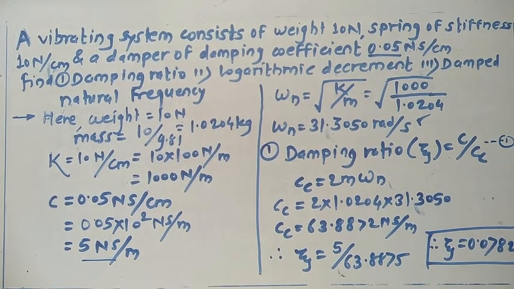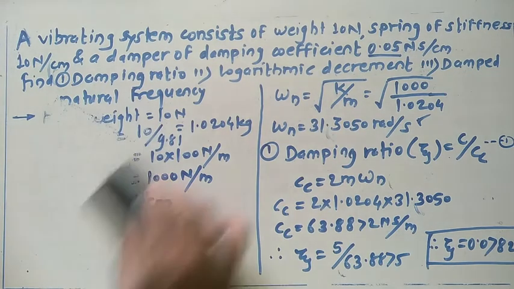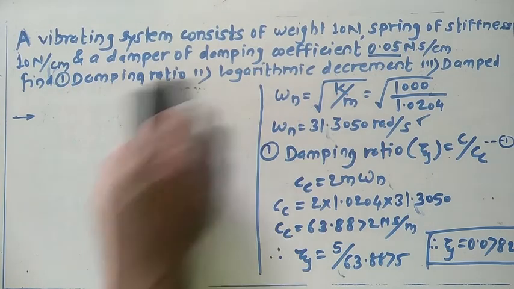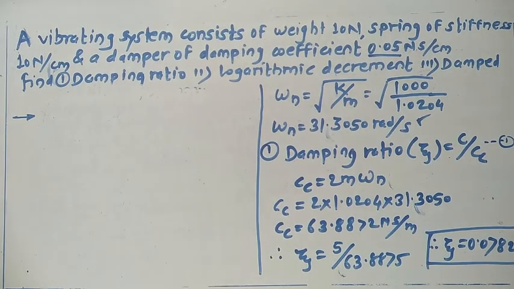Now, our next target is to get the value for delta, that is the logarithmic decrement. We know the straightforward relation between the logarithmic decrement and the damping ratio or damping factor zeta.